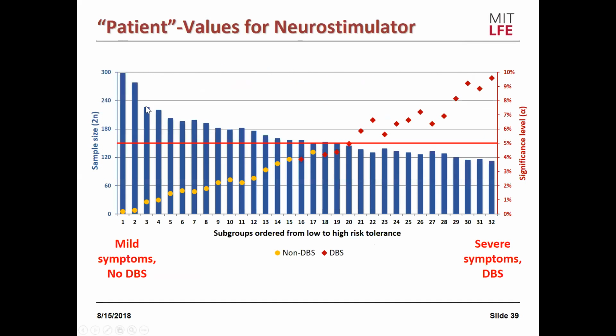The figure here shows these BDA optimal clinical trials for different subgroups of Parkinson's patients. At the left of this chart, we have patients with relatively mild symptoms who have no prior experience with deep brain stimulation. And moving to the far right side of this chart, we have patients with more severe symptoms and also patients that have prior experience with deep brain stimulation.